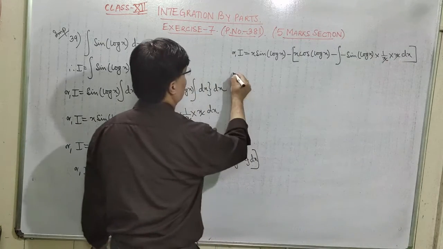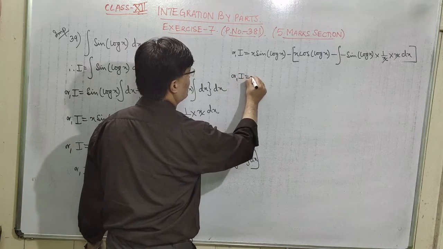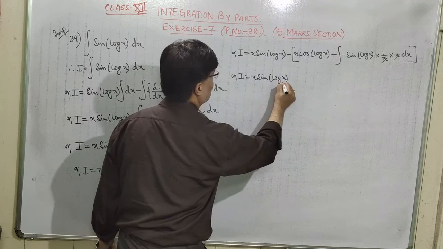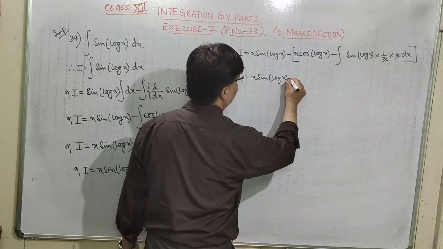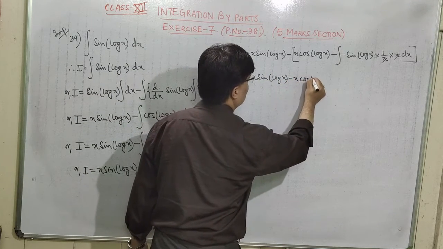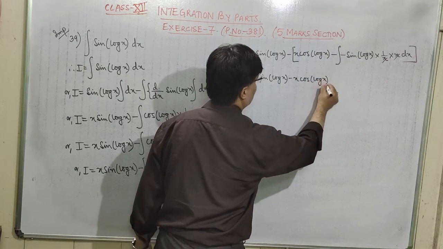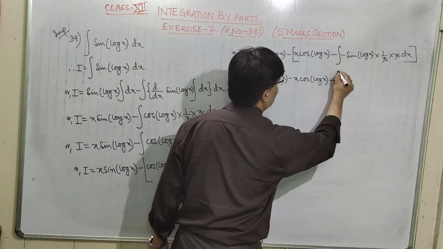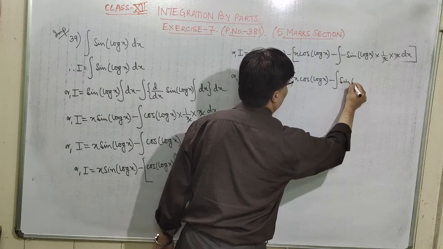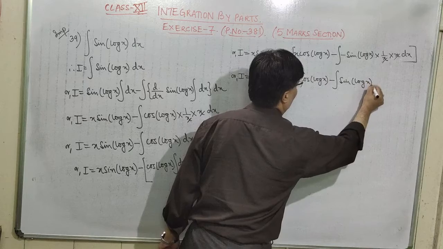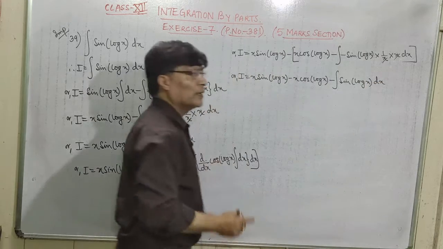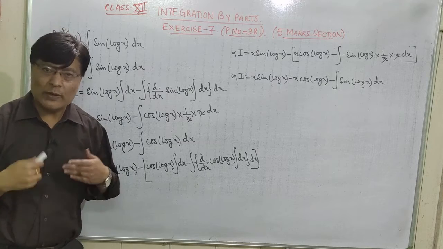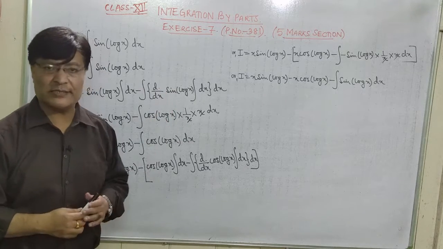That is 1. So or I is equal to x sine of log x. Let us multiply by minus sign here. Minus x cos of log x, then minus into minus plus, plus into minus, minus this is integration of sine of log x dx. Again we are getting integration of sine of log x dx. Will you again integrate it by parts?